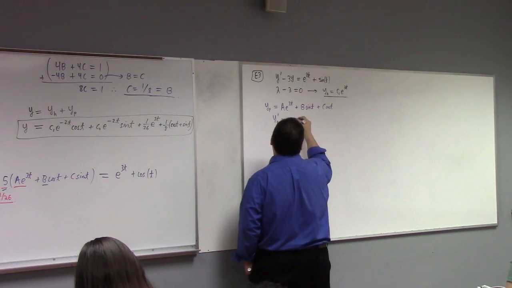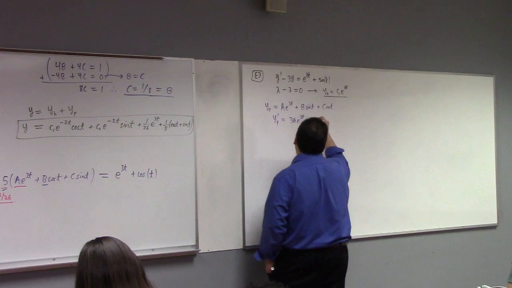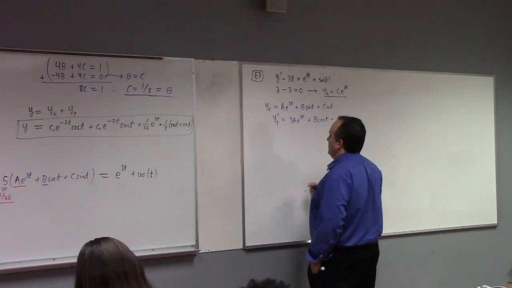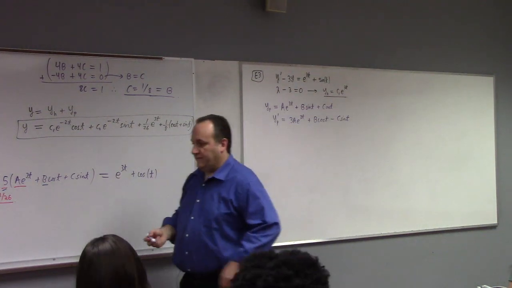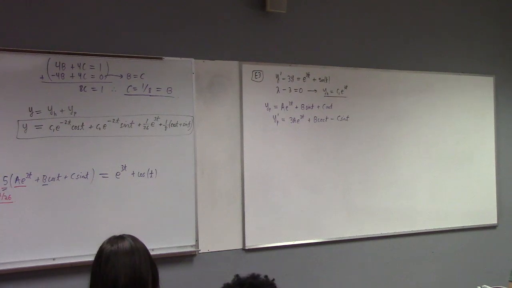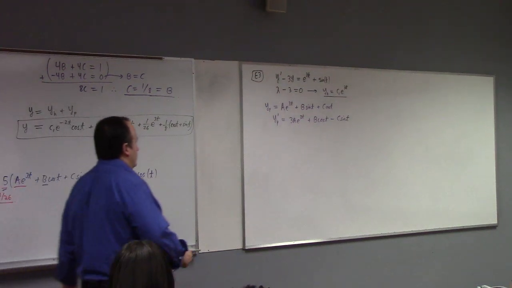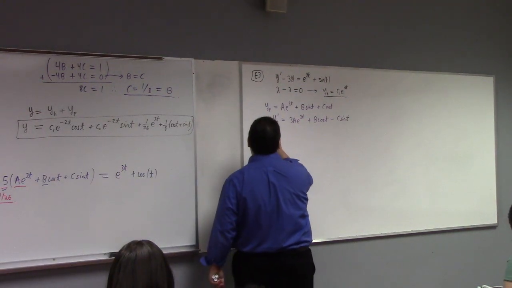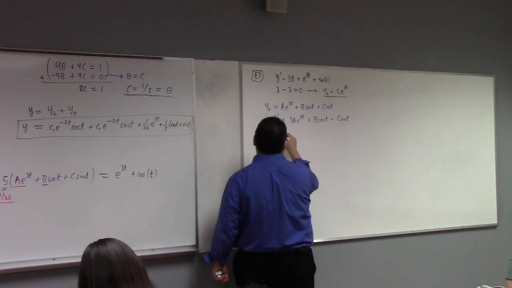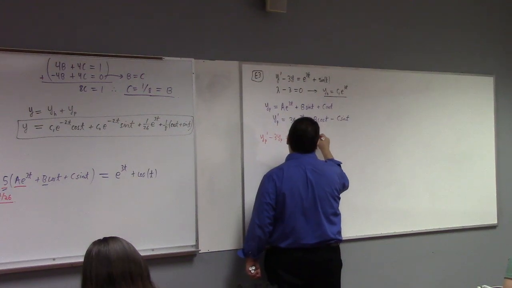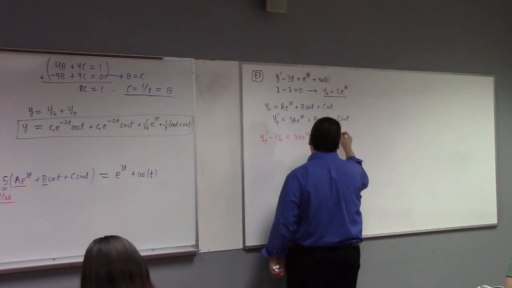Yp prime is 3a e to the 3t plus b cos t minus c sine t, and that's all we need because this is a first order problem. I don't even need the second derivative, right? Plug it in. What do we get? So yp prime minus 3yp is 3a e to the 3t plus b cos t minus c sine t.